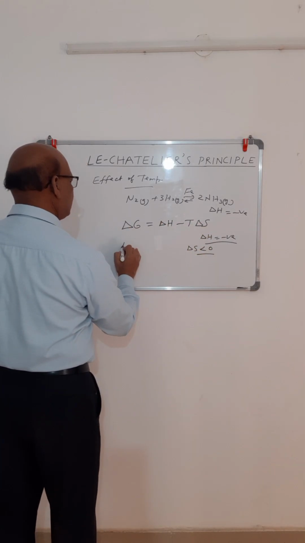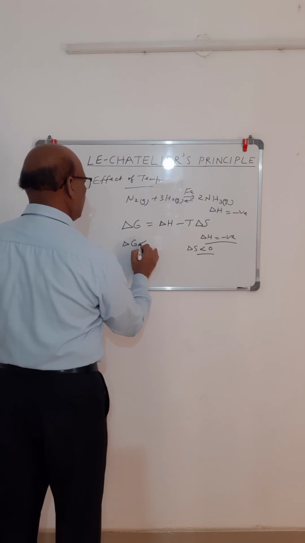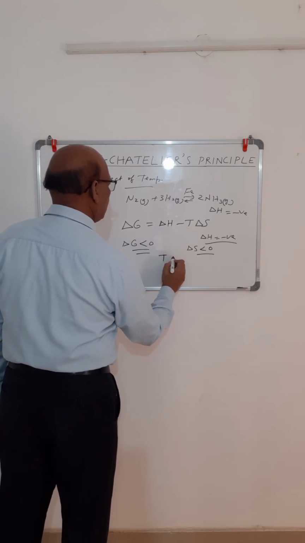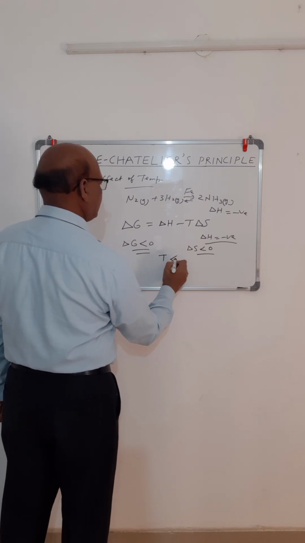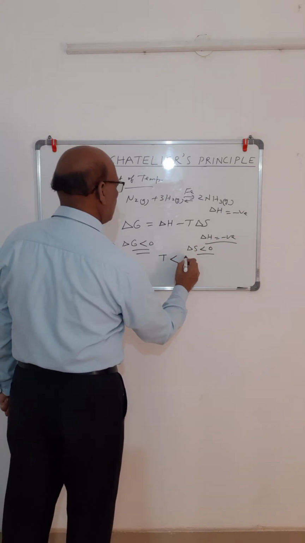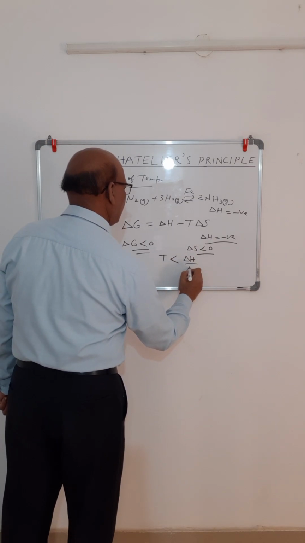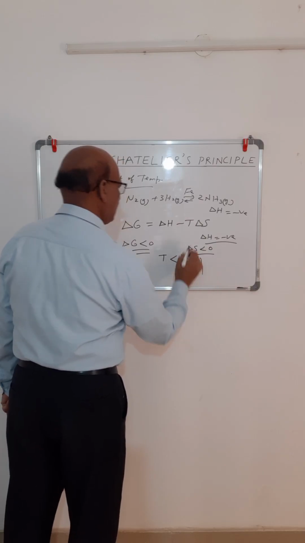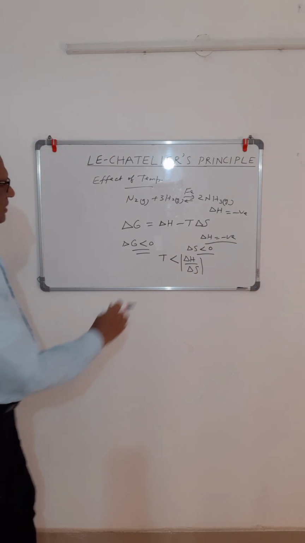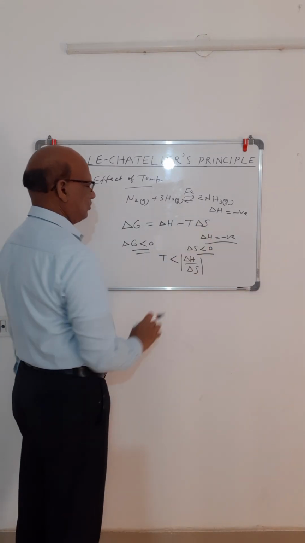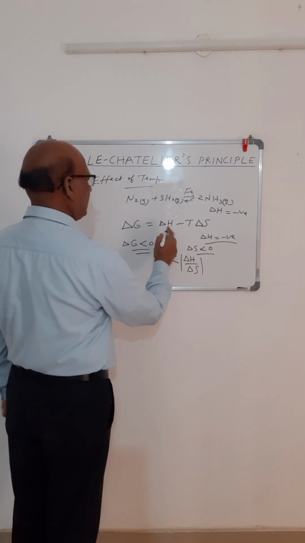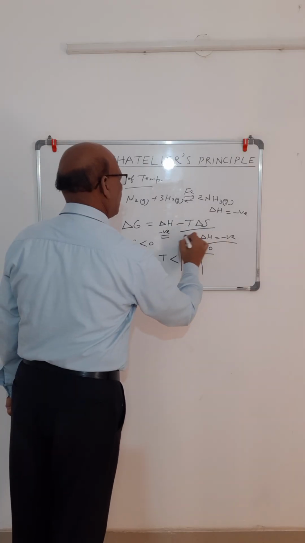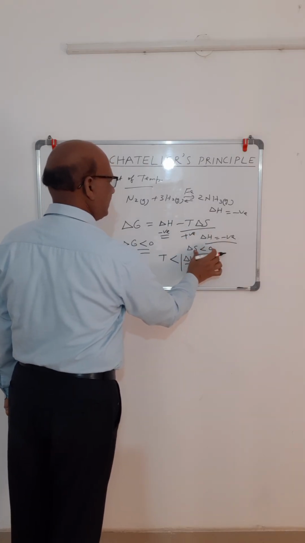So for delta G to be negative, we should have temperature that should be less, because it should be less than delta H by delta S. Then only my positive term should be less. Because delta H is negative, but this term will be positive, as delta S is negative.